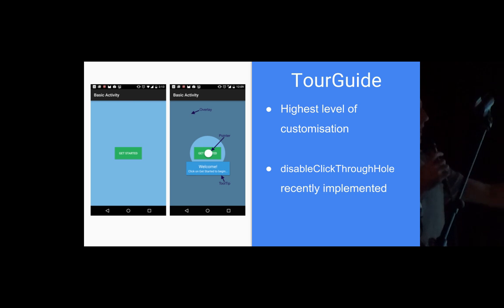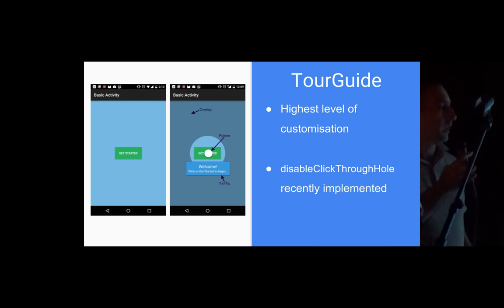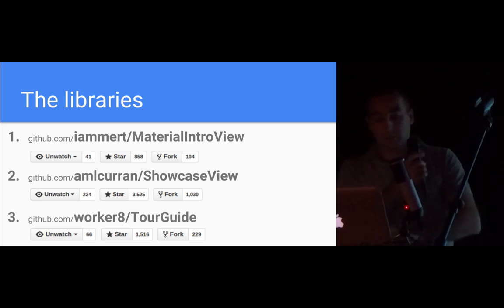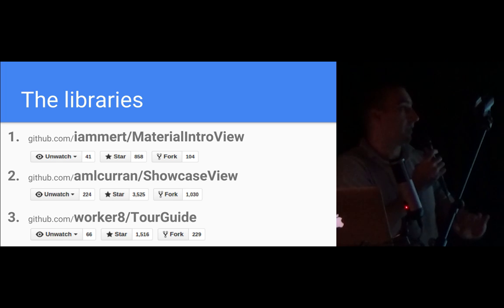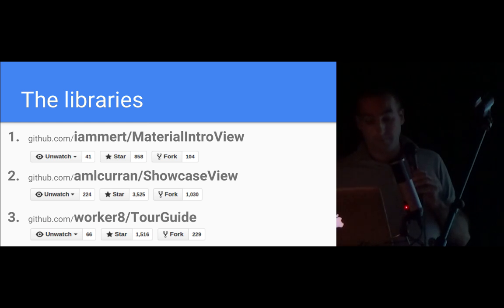So they've done a flag so that little circle will not pass the click through, and you can just continue with your chain of overlays. That was done recently. On the downside, there's nothing really that I could find for this library, so that's why I went with that one.